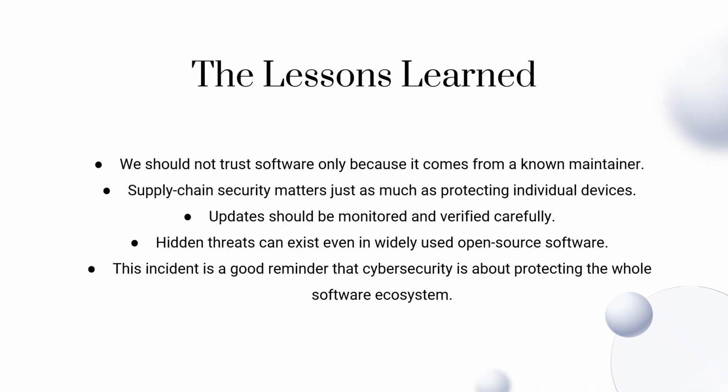Supply chain security is just as important for protecting individual devices. If software that people depend on is compromised, then the whole system becomes weak. Another lesson is that monitoring, verification, and careful update practices really do matter in a system. And hidden threats like this specific incident can exist in widely used open source software.